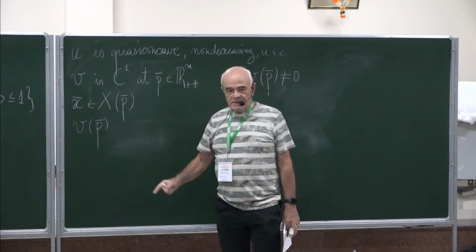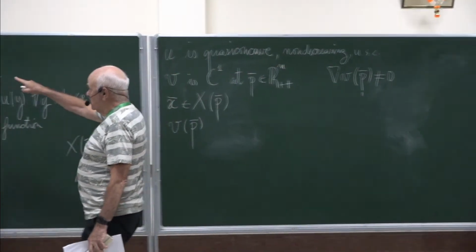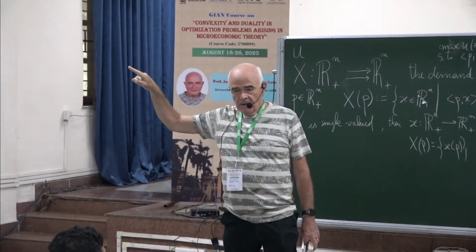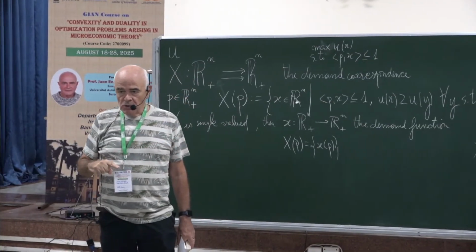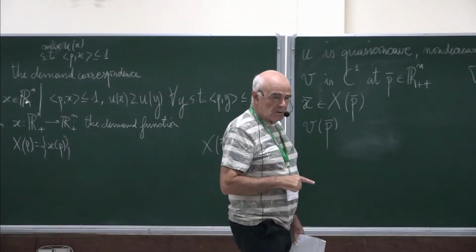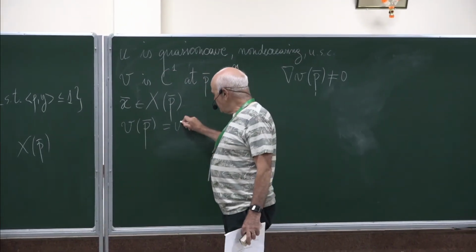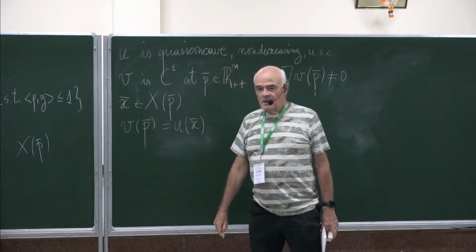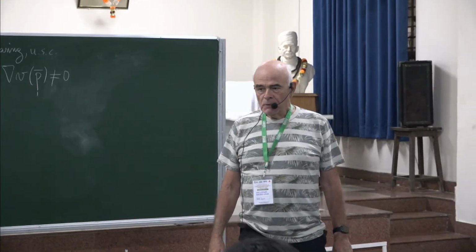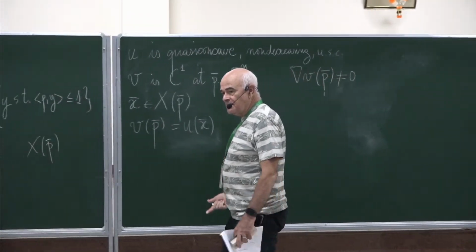V of P bar is the optimal value of this problem when P is equal to P bar. And now X bar is an optimal solution to that problem because it is in the corresponding demand set. So this is the crucial, very easy observation that V of P bar is equal to U of X bar. Okay, the optimal value is attained at an optimal solution. I'm not saying anything else.